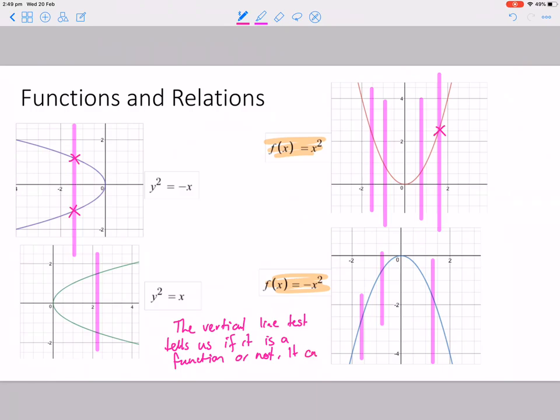It can only cross the function once for it to be a function. This one should be relation. Once for it to be a function. Okay? So that's functions and relations and how they relate to each other.